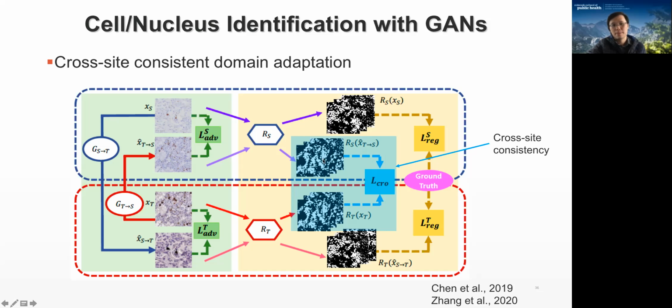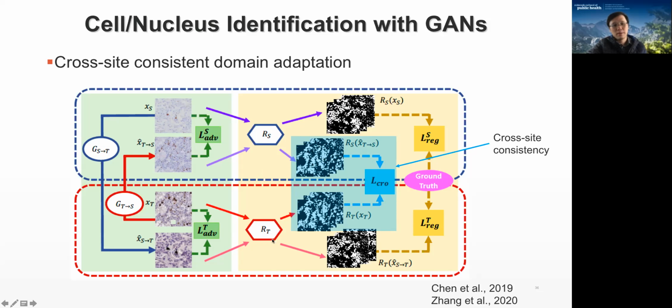And on the other hand, we can train a task model in the target domain by using the transformed source images, and this is the RT.